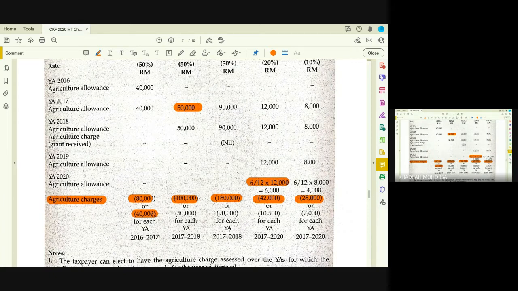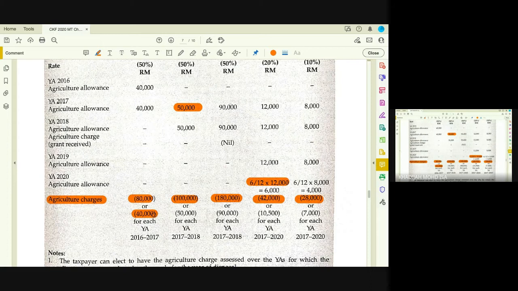Remember that companies normally have to submit their tax returns in the following year within 7 months. So for example, if the year end is 31st of December 2016, when you submit YA 2016, you claim agriculture allowance of 40,000. When you submit your tax return for 2017, you also have agriculture allowance of 40,000.